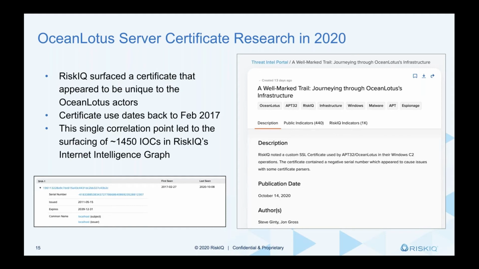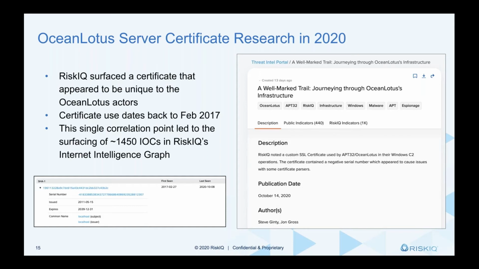So through a series of just our own investigations, working with partners, looking at open source intelligence, our RiskIQ research team had surfaced an SSL certificate that appeared to be uniquely used by the Ocean Lotus actors. And the certificate itself, ironically enough, had dated back to 2017, but for some reason we didn't actually see that.